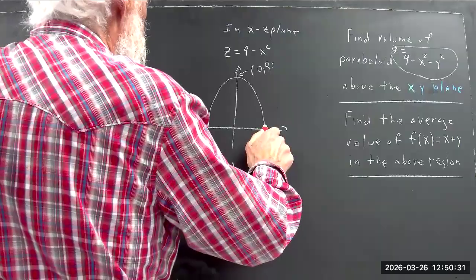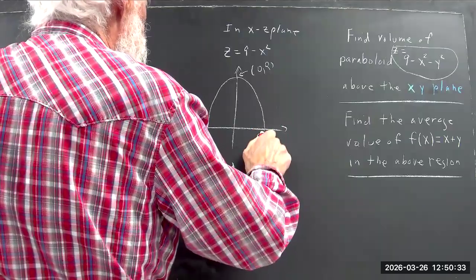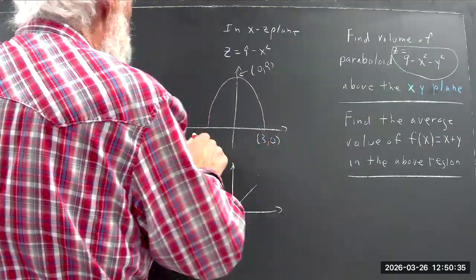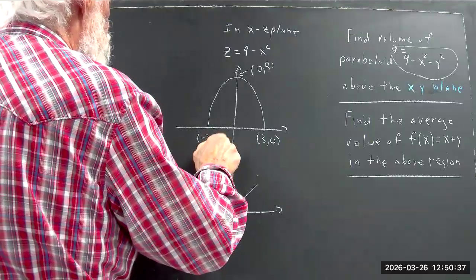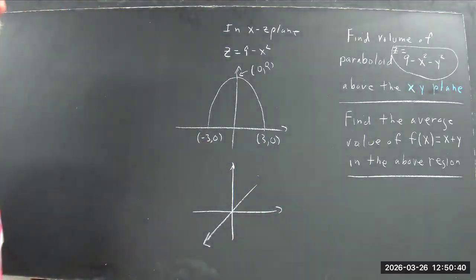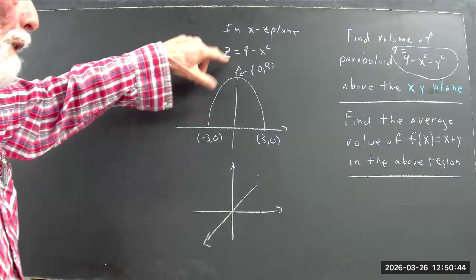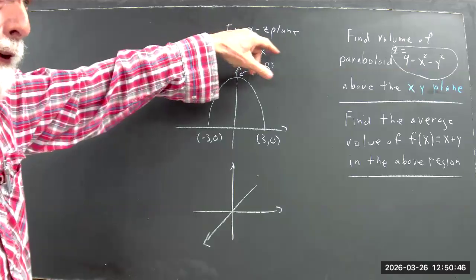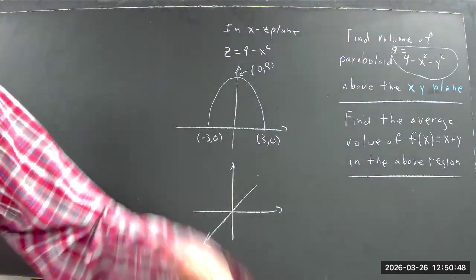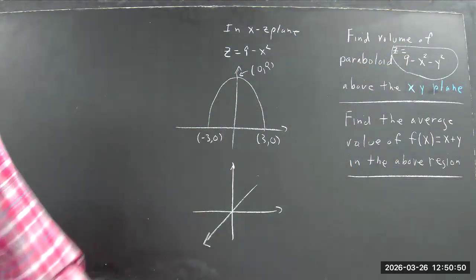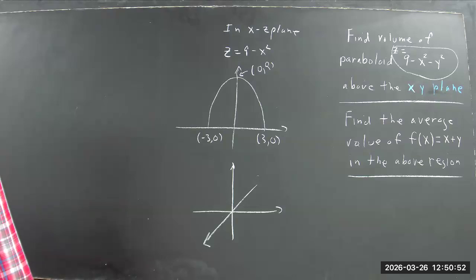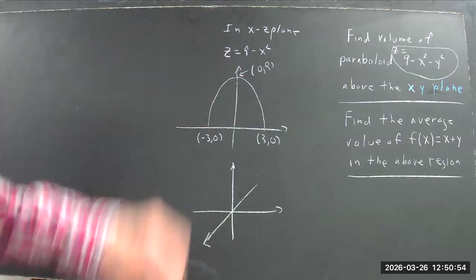Okay, well, over here, this is the point 3, 0. This is the point negative 3, 0. Okay? And you get the x-intercept by letting z equal 0. 9 minus x squared equals 0. x equals plus or minus the square root of 9, plus or minus 3, right? It's basic pre-calculus.